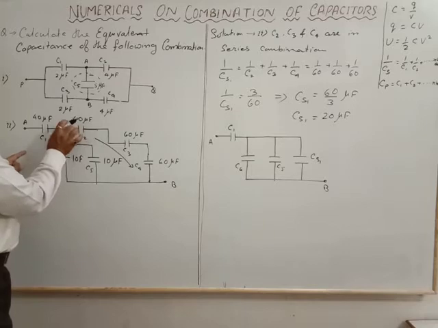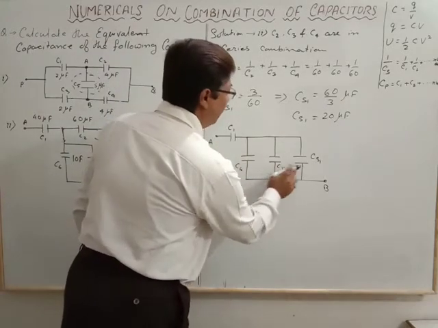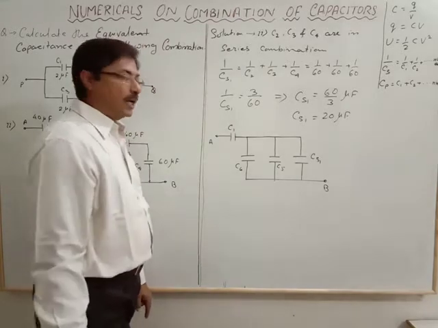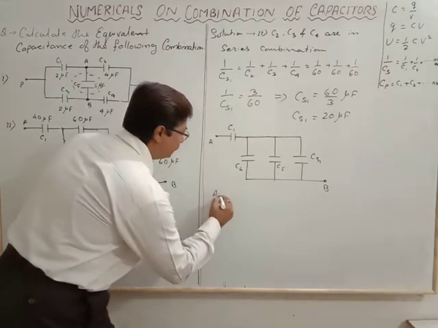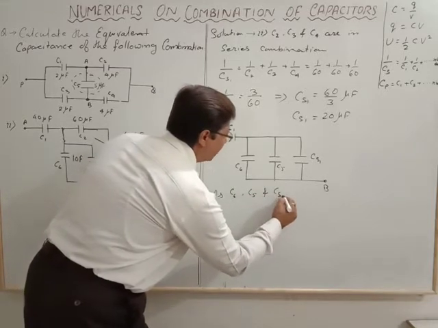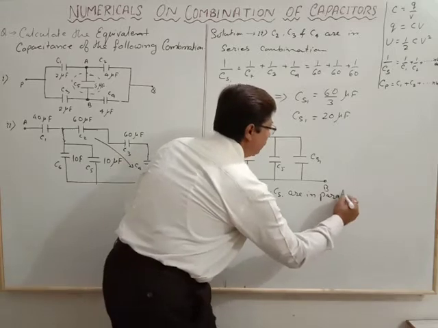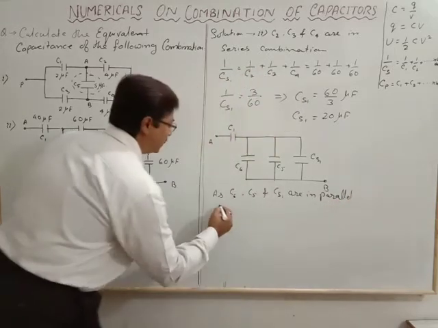On these same terminals, C6, C5 and CS1 are in parallel combination.